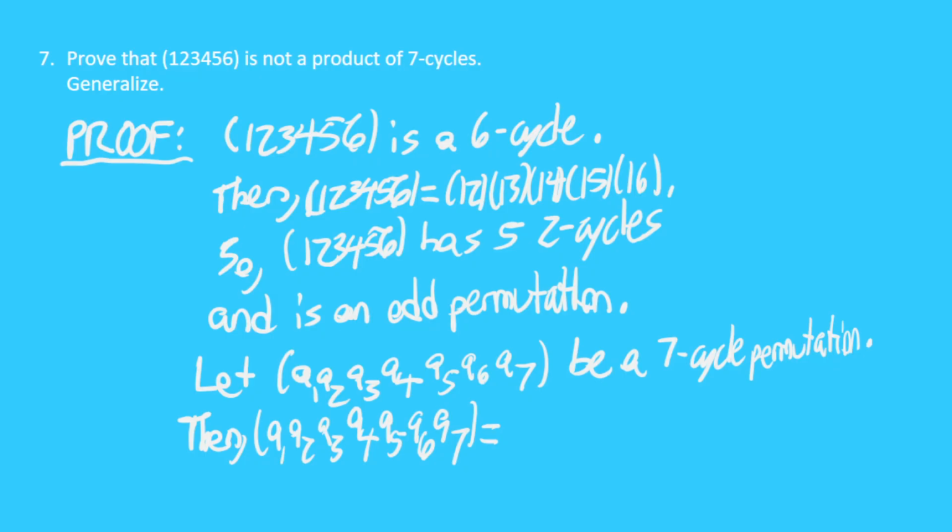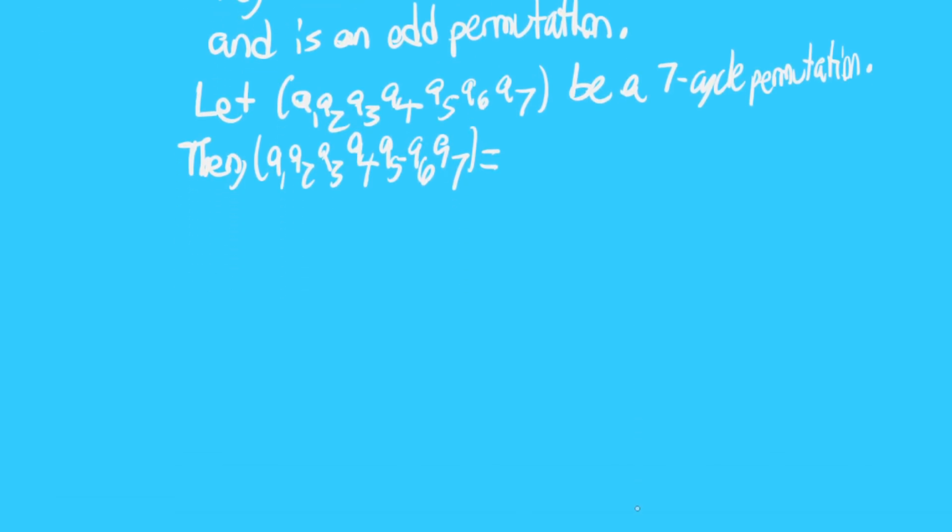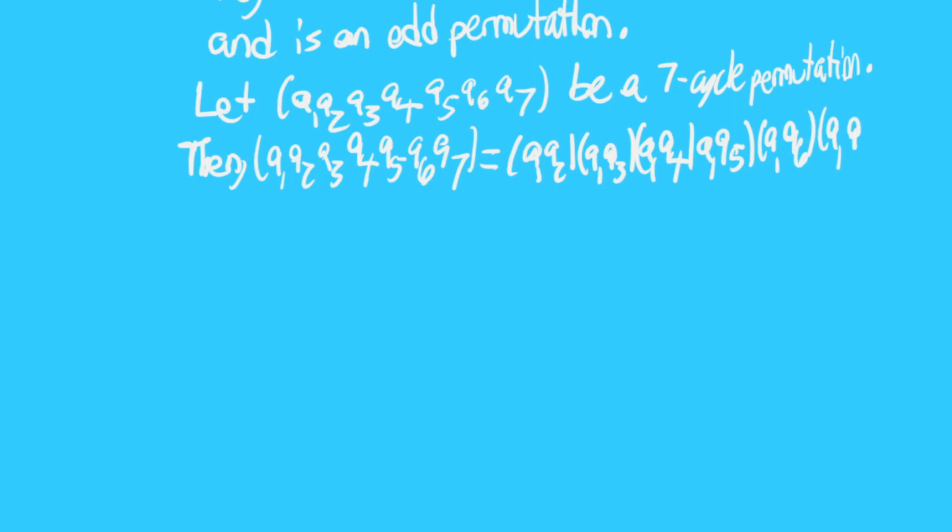Let's break it up into 2 cycles. We will have (A1 A2), oh, that's not right, (A1 A3)(A1 A4)(A1 A5)(A1 A6)(A1 A7).